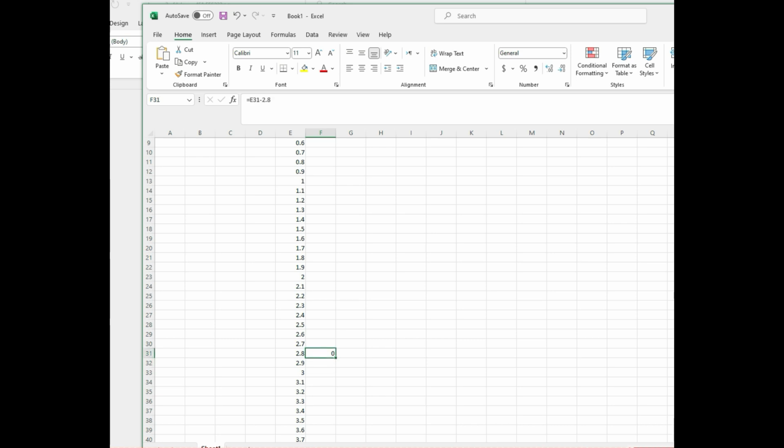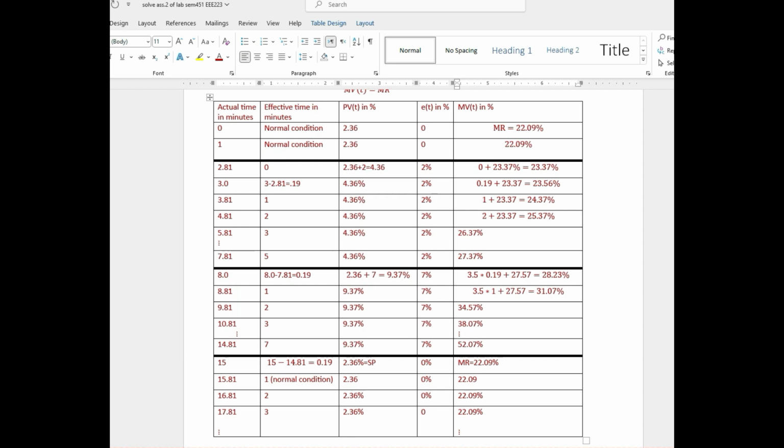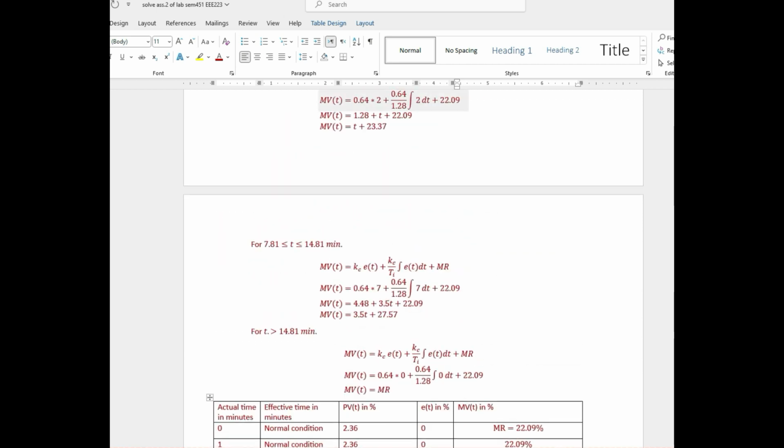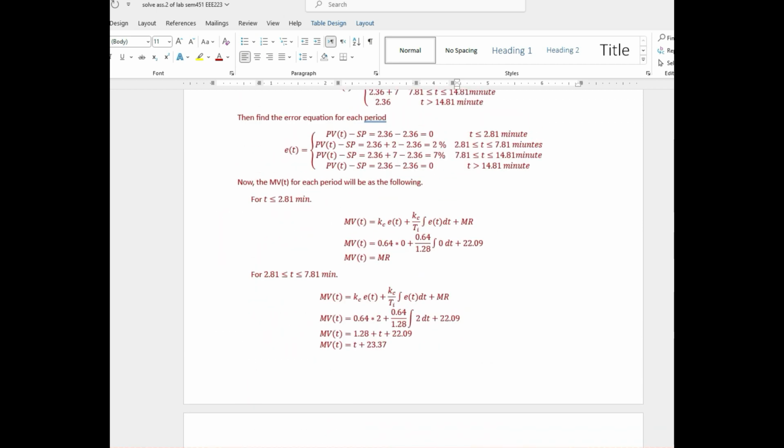Now we'll continue to put this new effective time until we reach the limits. Our upper limit in this second interval, remember it here, 7.81.